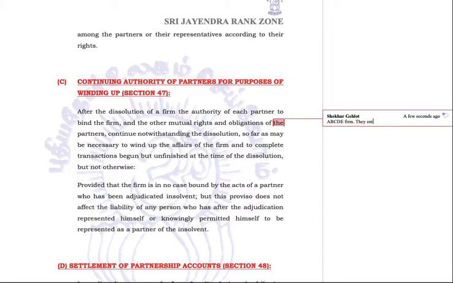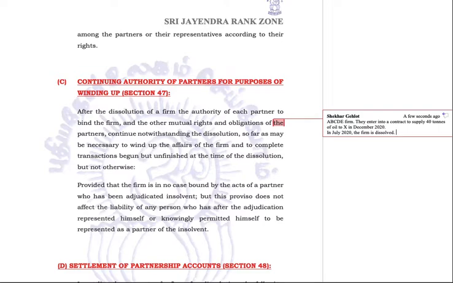They enter into a contract to supply 40 tons of oil to X, in December 2020. In July 2020, the firm is dissolved.